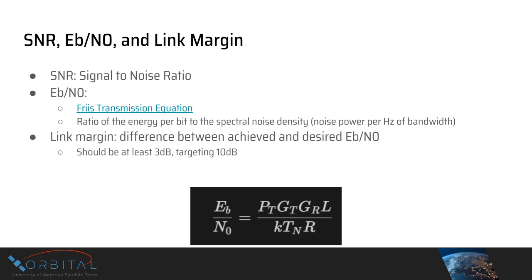So when you use, for example, a low noise amplifier at a receiver within a communication system, one important thing to realize is that a low noise amplifier on its own typically doesn't actually increase the SNR, because amplifiers typically have some noise of their own that they add to the signal. So using an amplifier is actually sometimes not the best choice in order to get a better signal strength.